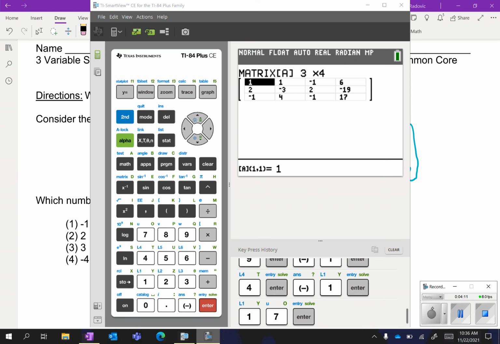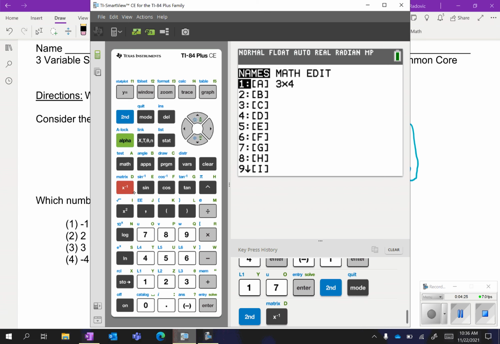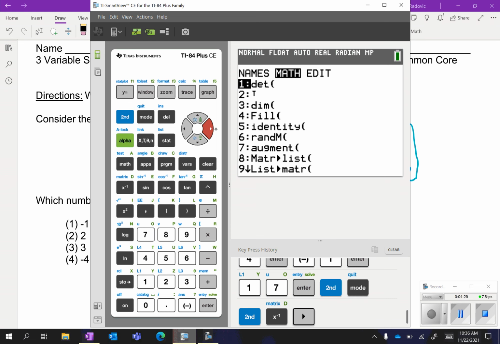Now that you set up your matrix, you're going to hit second, quit to get out of it. From there, you're going to go back to matrix. And we are now going to use math. Now that you have your matrix, you need to tell the calculator what to do with it.